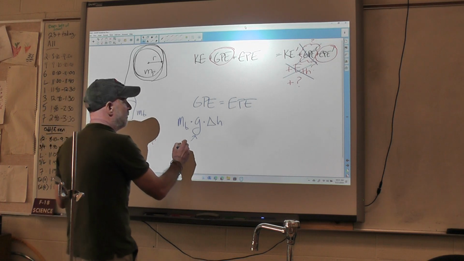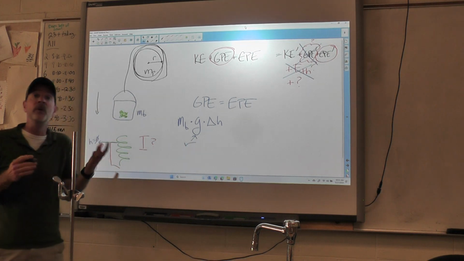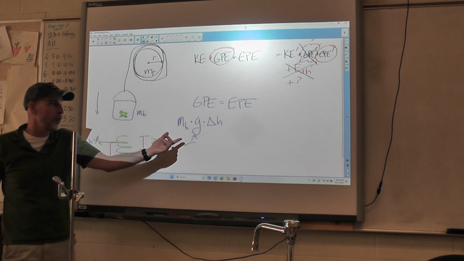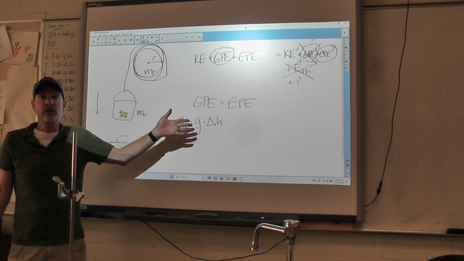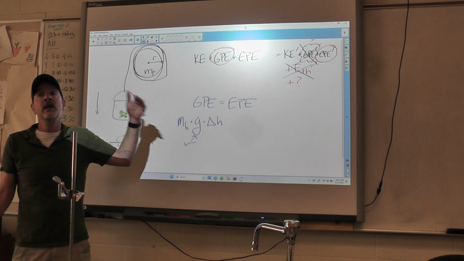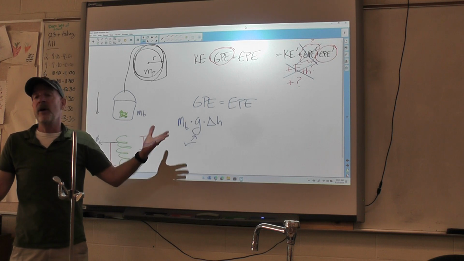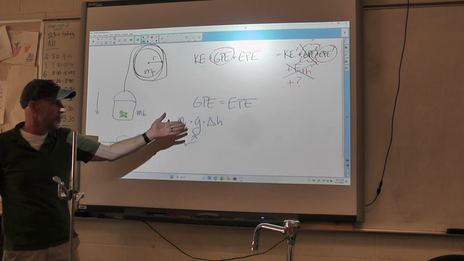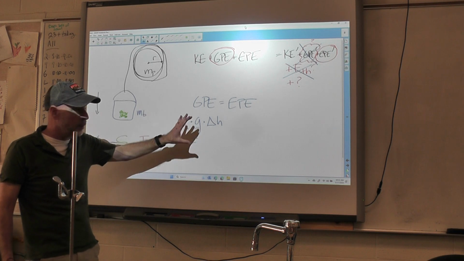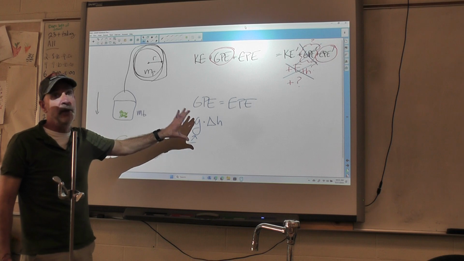Or we could just leave it as a variable, and then say this is going to depend on what planet you're on. It's going to depend on the density of the planet, and how far away you are from the center of the planet. But we would need to have some information.